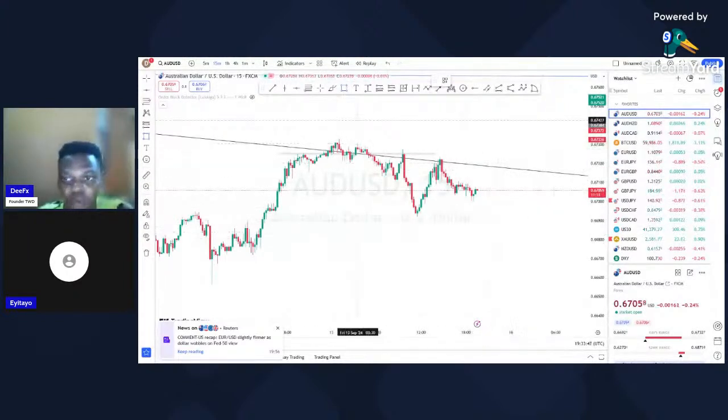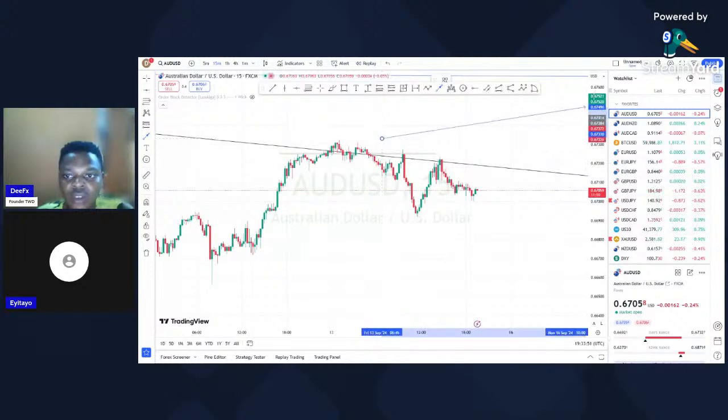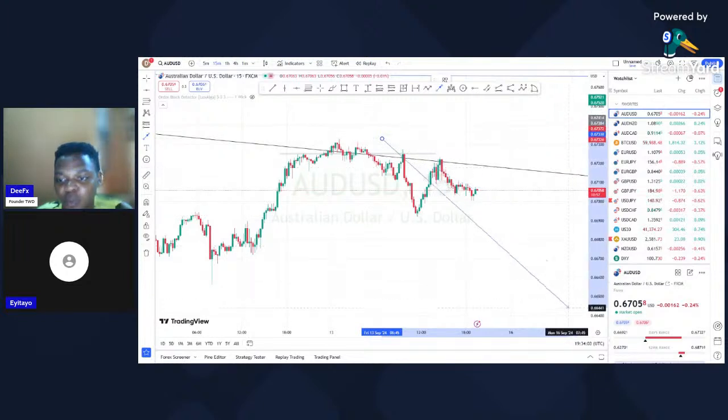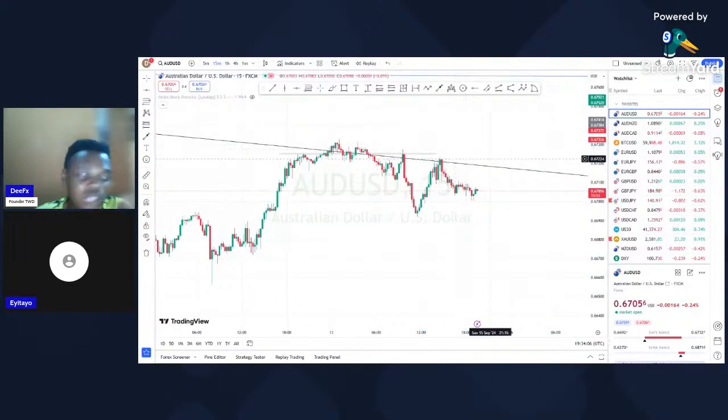If you pay attention to all these numbers here on the right-hand side, these numbers are actually what determine pips in forex. So pips is just like saying 3 kilometers, 5 kilometers, and a whole lot of things like that.